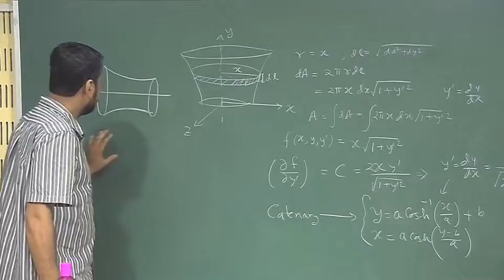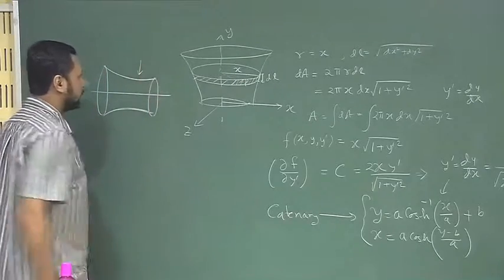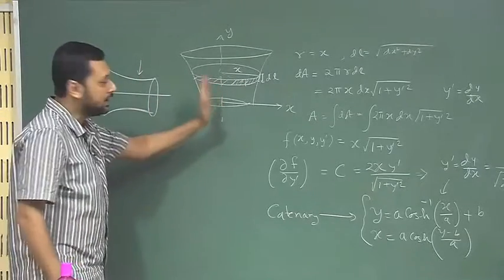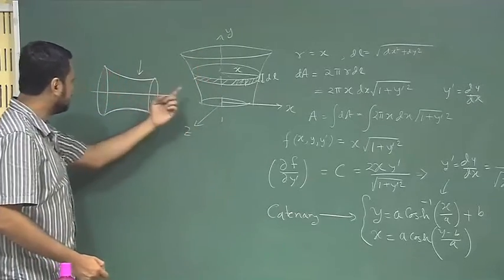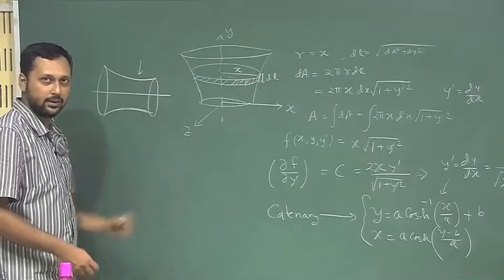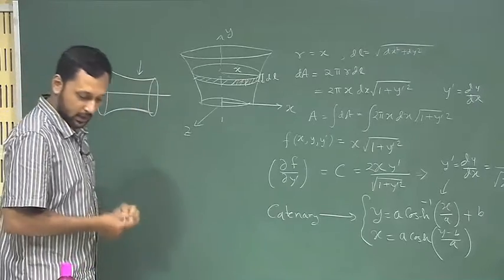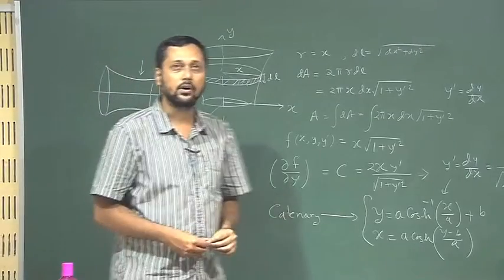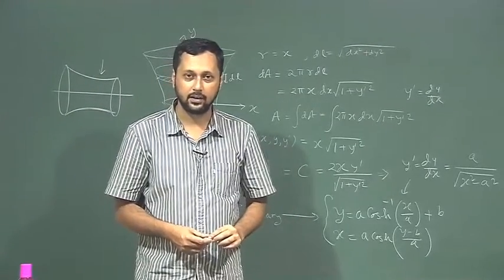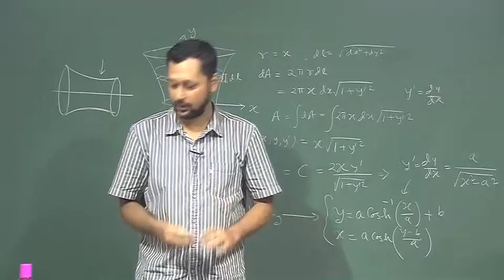So, this is something which I am leaving up to you as an exercise. The same problem essentially, instead of keeping it vertical, we are making the axis of revolution horizontal. Great. So, I think that is it for variation integrals.